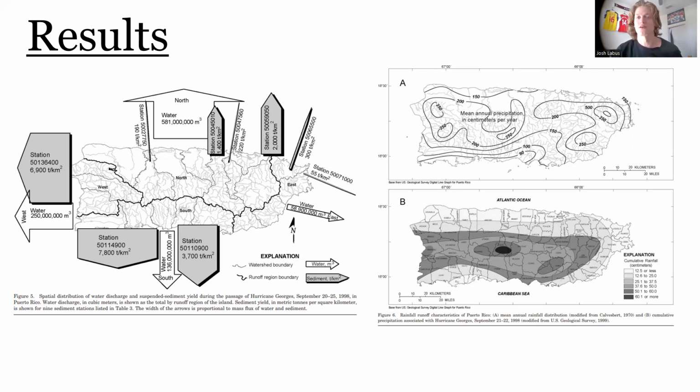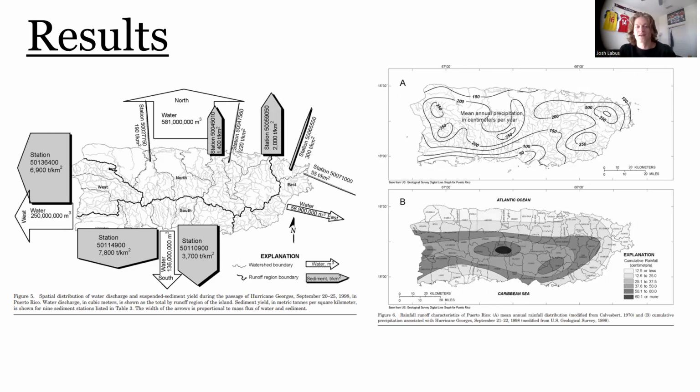If you focus on the bottom part, the darker dot in the middle is going to be the higher levels of rainfall, and as you go out from there, the lighter it gets, the less rainfall. And this higher rainfall, obviously, falls into the northern watershed, as you can see in the graph on the left-hand side, which is why this water runoff is so significantly higher in the north.